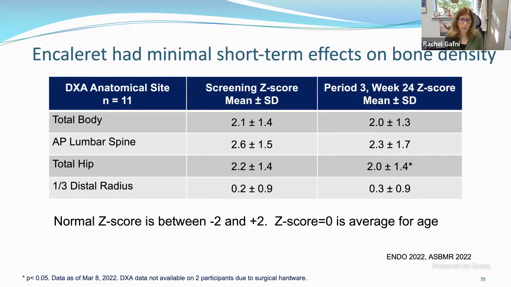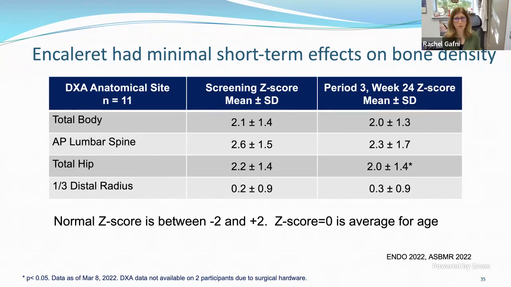We did bone density studies, DEXA scans, to look at the effects of Encalaret. And we found that at least comparing the screening DEXA score to the 24-week period 3 DEXA score, we didn't really see significant changes, except maybe a slight decrease in the total hip. And these numbers that we're looking at are called Z-scores.